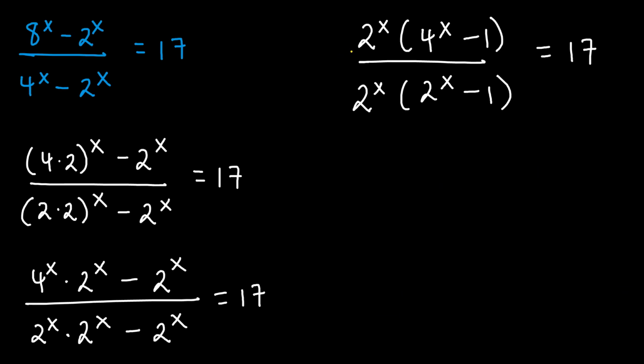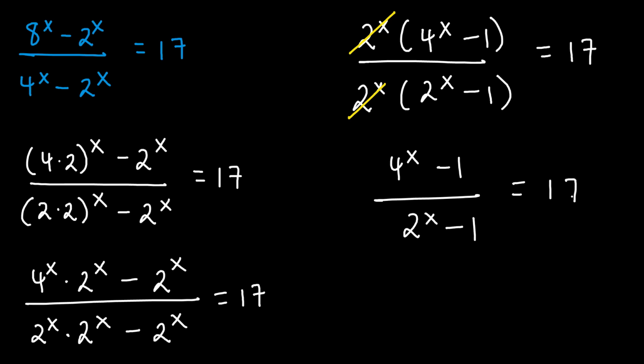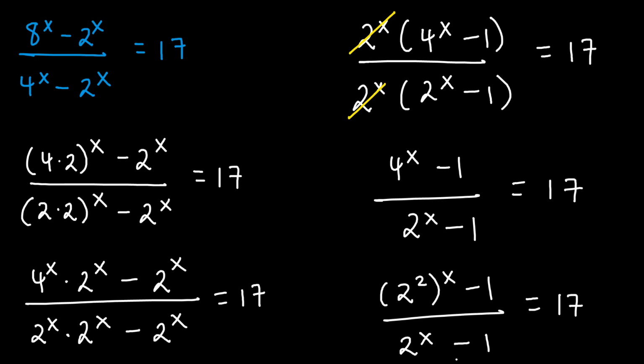Now, because x cannot be equal to 0, we can cancel this with that. So we shall remain with (4^x − 1) divided by (2^x − 1) equaling 17. And we also know that 4 is the same as 2^2, and then raised to the power of x, minus 1, divided by 2^x − 1 equaling 17.